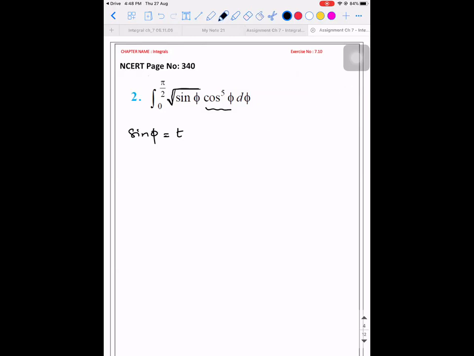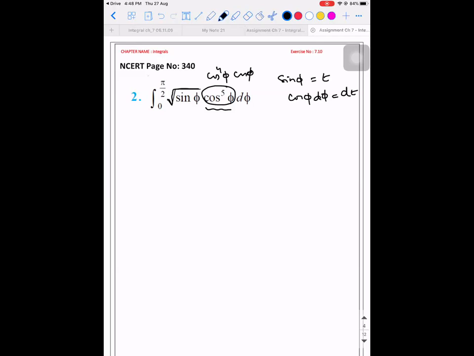The reason I'm taking sin phi as t in this question: had the square root not been there, I would have taken cos phi as t because of the power. But since there is a square root, if I take sin phi as t, then cos phi d phi will be equal to dt. Then this cos power 5 phi, I can write as cos power 4 phi into cos phi. Did you guys understand what I did?